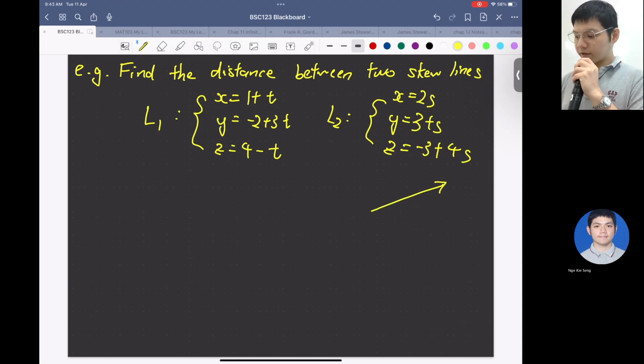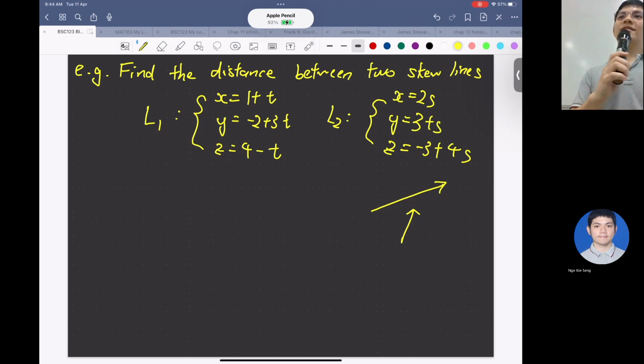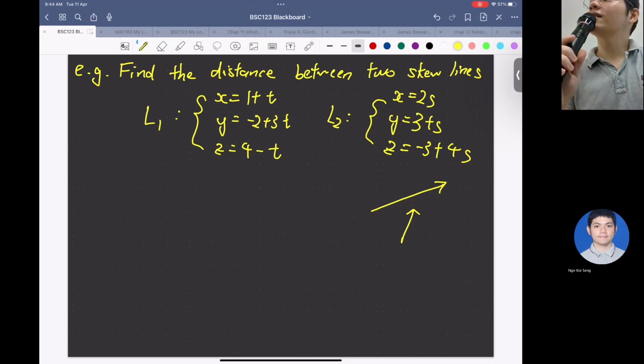As we said last time, they can be non-parallel, meaning the vectors might not be scalar multiples of each other, yet they still don't intersect. Maybe they go like this. But they lie on parallel planes.